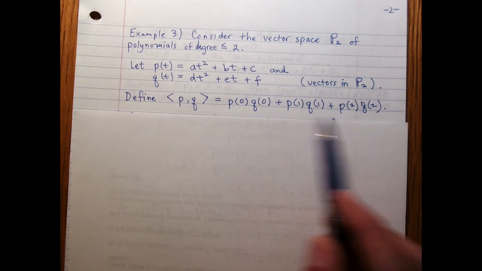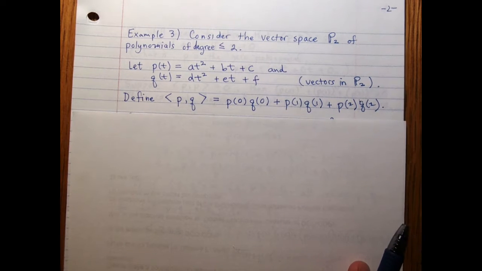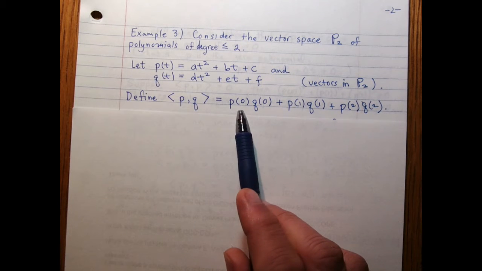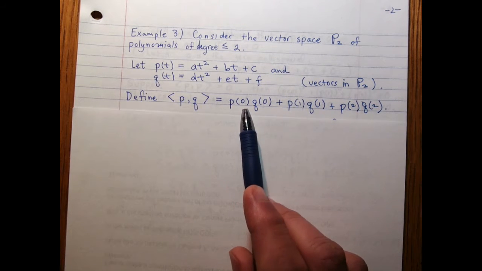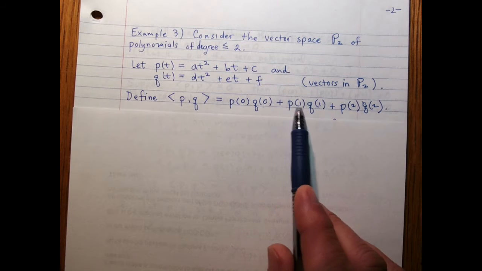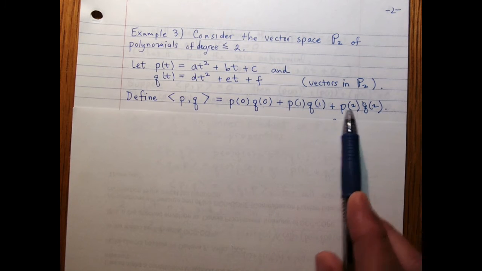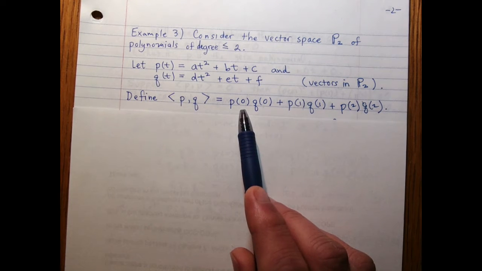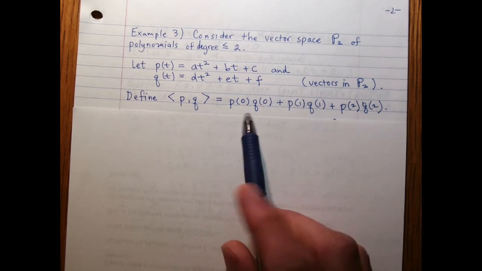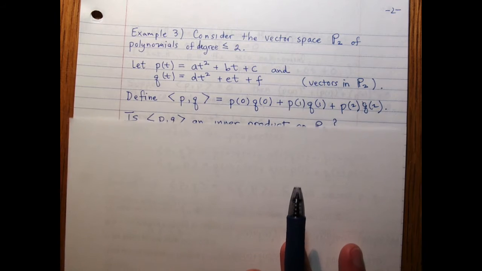So it kind of looks like a dot product kind of sum, but why am I using these evaluated at 0, 1, and 2? In a way, for this example, I just randomly picked 0, 1, and 2. I really could have picked any values of the input to get started here. But let's just work with this one particular example.